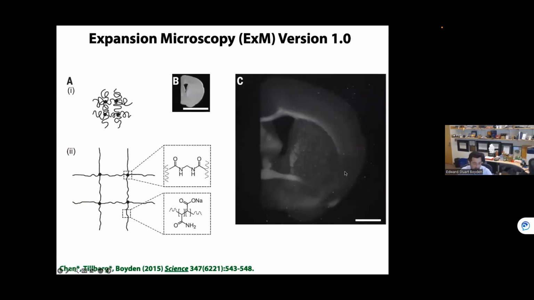Panel C is the same piece of mouse brain tissue that's been expanded by about 100 times in volume, by about 4.5-fold in each direction. The specimen starts out with the polymer in the compact state, shown in the upper left. The spacing between polymer threads is around 1 to 2 nanometers in size, smaller than many biomolecules. And then after we expand, the baby diaper polymer, the sodium polyacrylate, will attain an extended conformation.